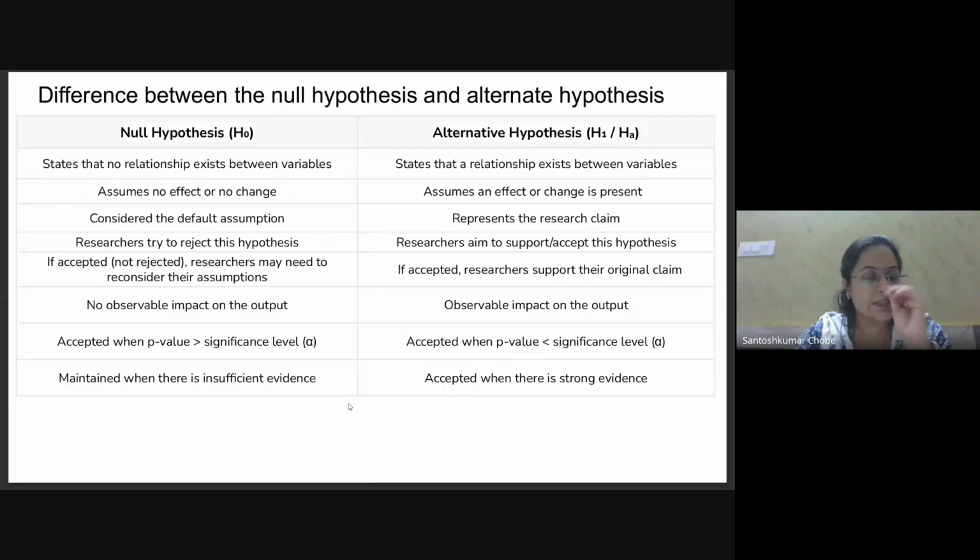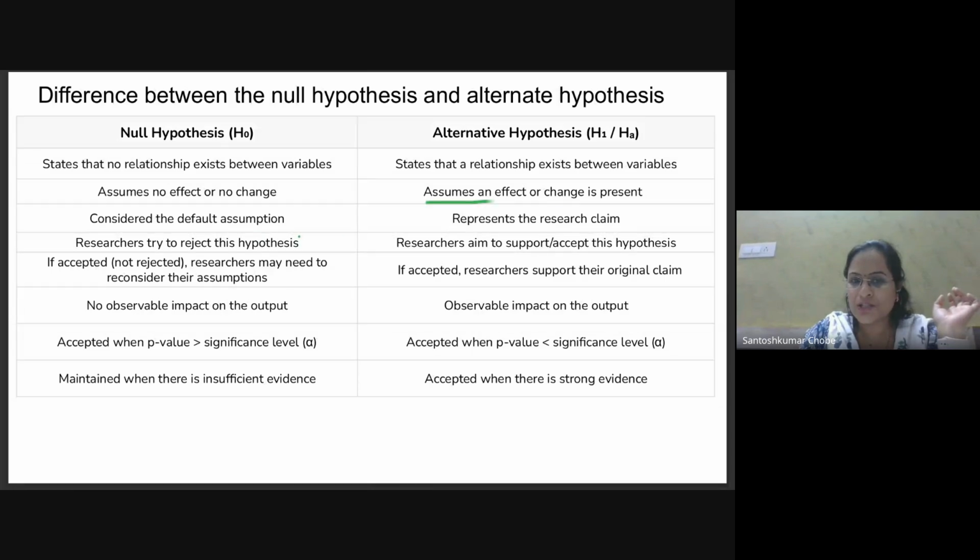Moving ahead, we'll see the difference between null and alternate hypothesis. The null hypothesis states that no relationship exists between the variables. The alternate hypothesis states that a relationship exists between the variables. The first difference: the null hypothesis assumes no effect or no change.